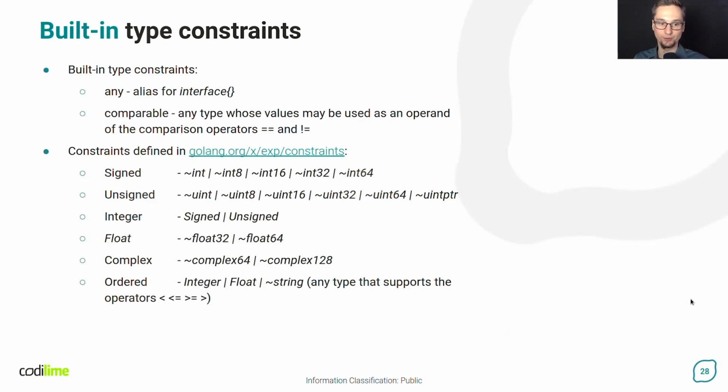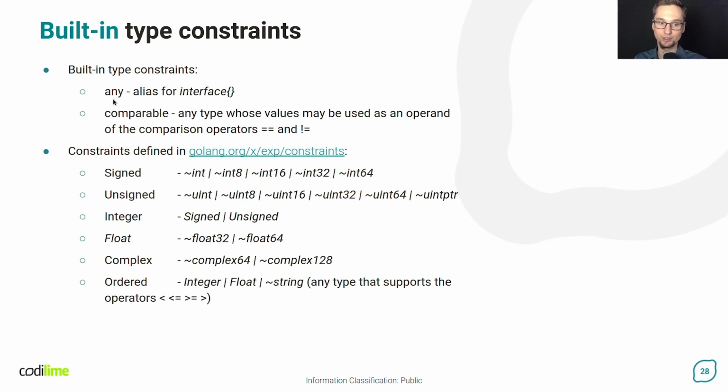And a new version of Go defines new keywords, which are built-in type constraints. So we have any, which is an alias for empty interface, and it's a set of all types. It allows all the types. And for now, this keyword any can be used only in type parameter lists.